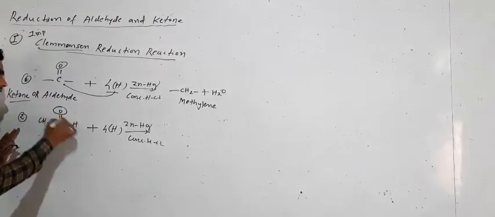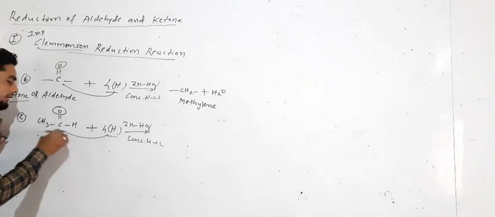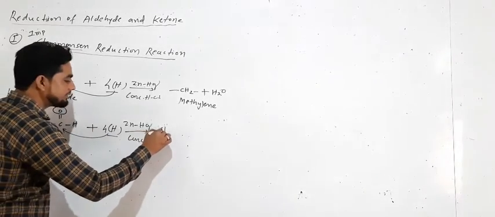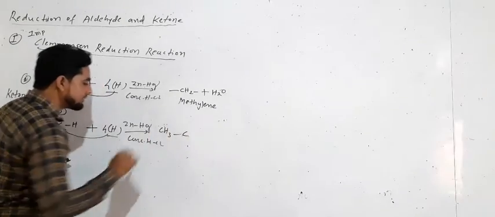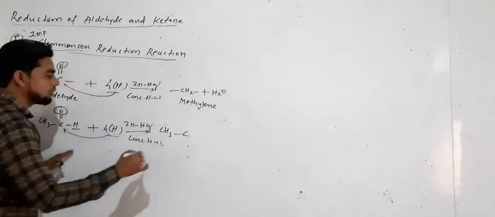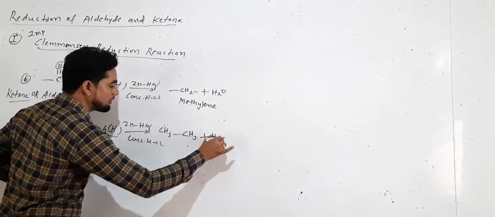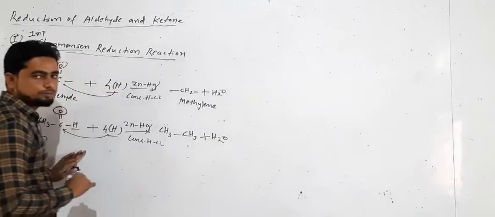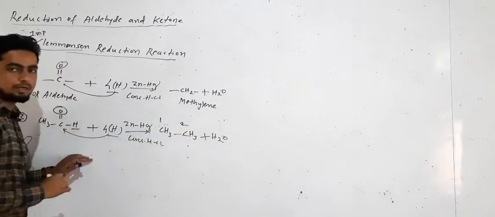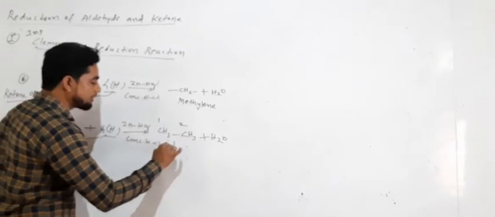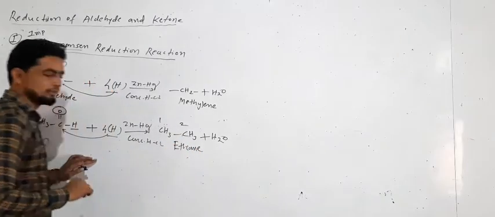This 1 oxygen and 2 hydrogen go as H2O, and the remaining 2H are added to C. So we get CH3 as it is, this C also as it is, and 1 plus 2, 3 hydrogen, CH3, plus loss of water molecule. Now, how many carbon in the given compound? 2 carbon. It is a member of the alkane. How many carbon? 2 carbon, called ethane. So, member of alkane called ethane.